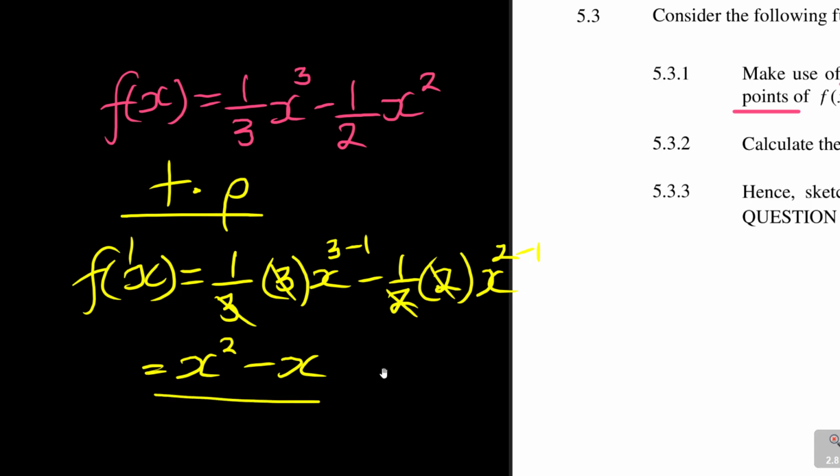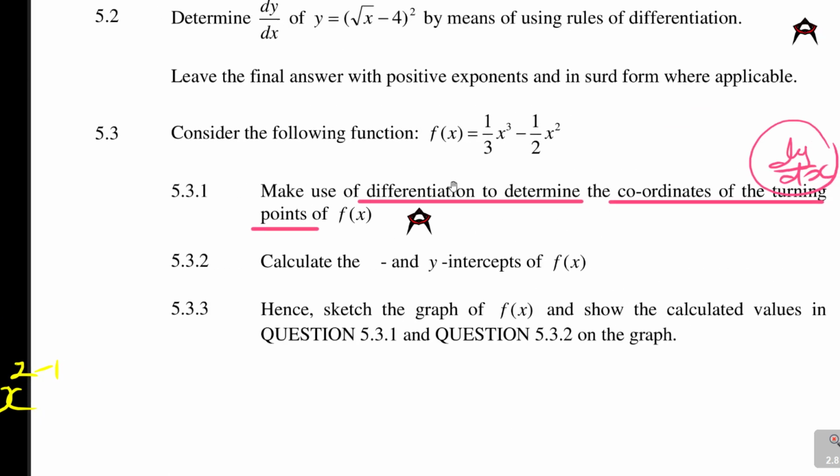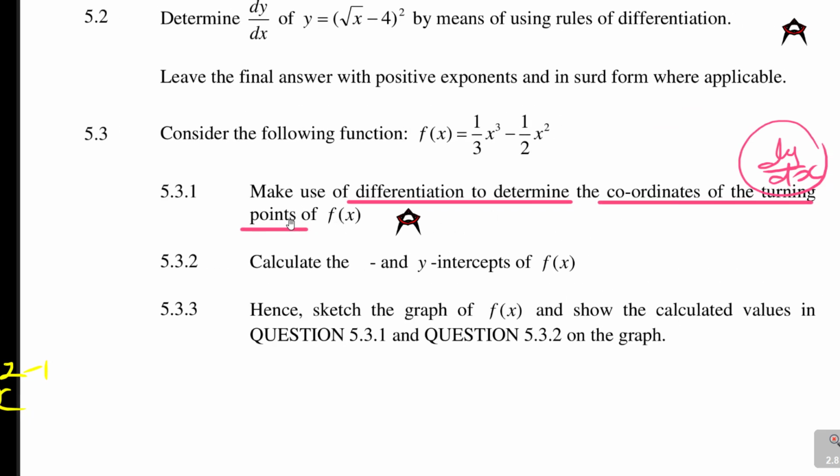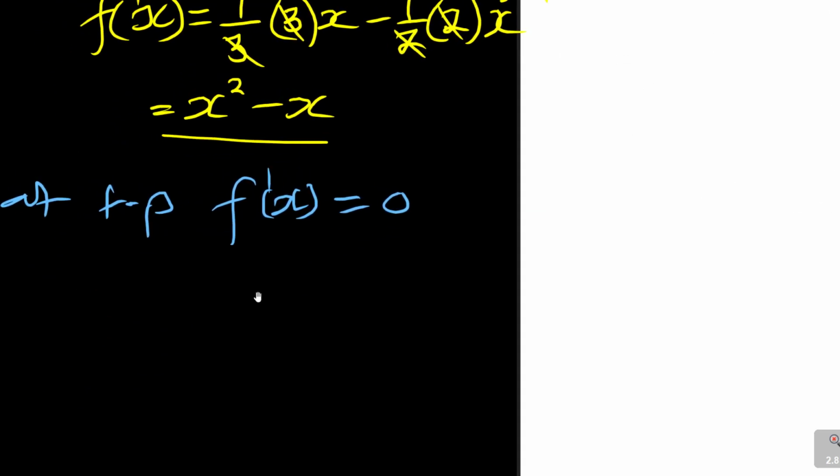Then you write this, this is the statement they are waiting for. You say at turning point, f prime x is equal to 0. Always remember that. Because they told you to find the coordinates of the turning points. So you must always know the derivative at a turning point is always 0.